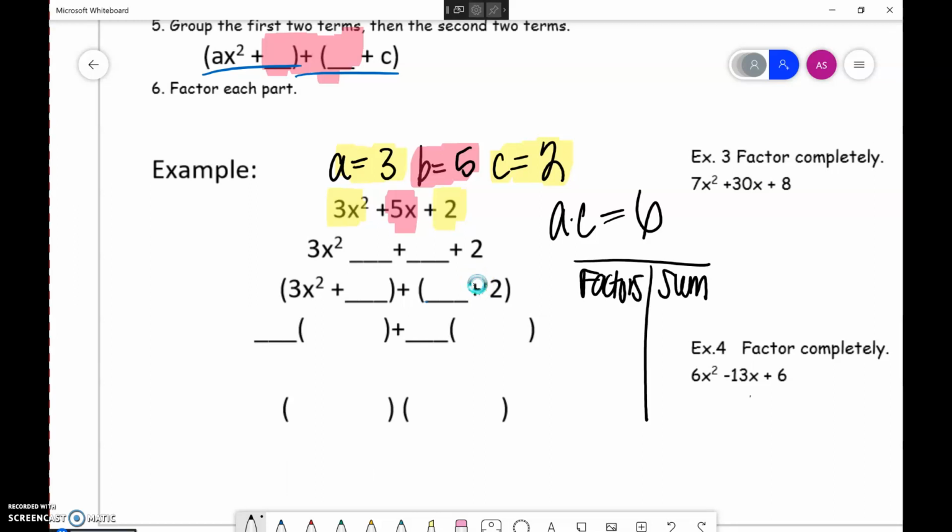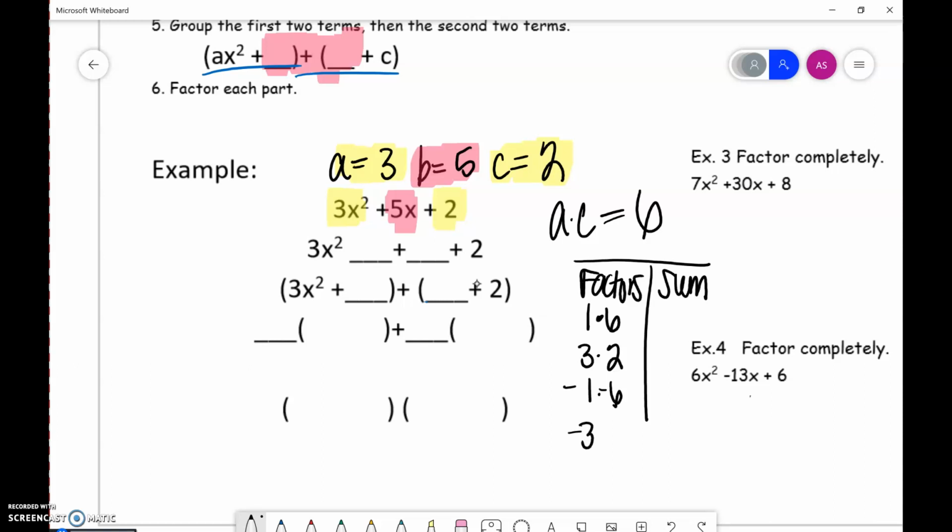Okay. So my factors of 6 are 1 times 6. I have 3 times 2. And then also, we can consider our negatives, but not so much for this problem because we have a positive. So in some of the problems, you may have to do your negatives because I know 2 negatives multiplied gives me a positive.